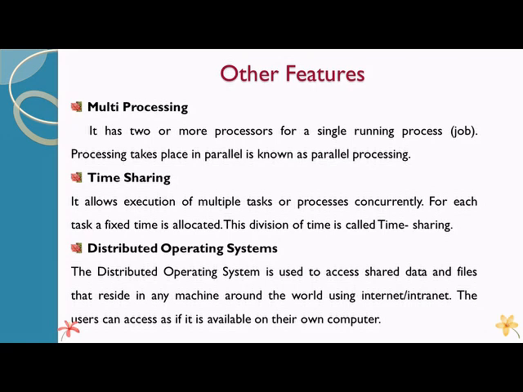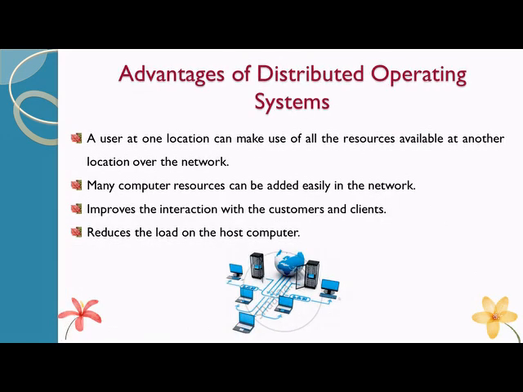The next feature is the distributed operating system, which is used to access shared data and files that reside in any machine around the world using the internet or intranet. The user can access them as if they are available in their own system. The advantages of distributed operating systems are that a user at one location can make use of the resources available at another location over the network.